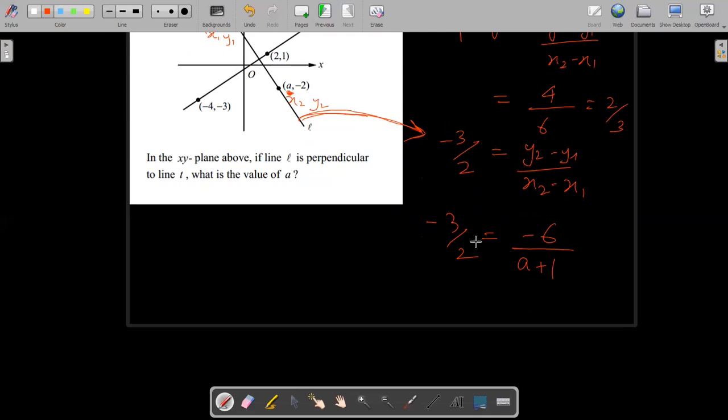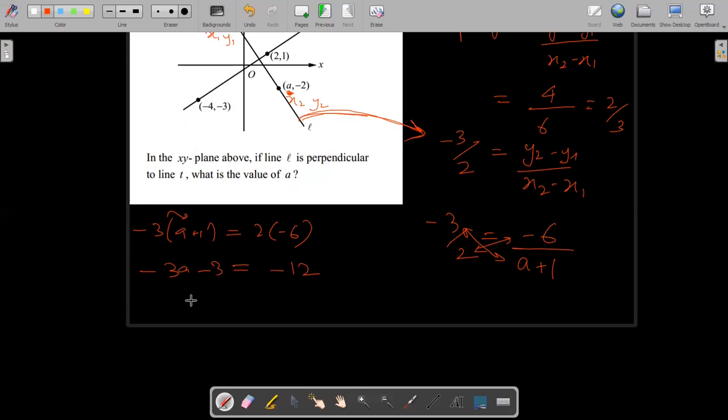Cross multiply. So it'll be negative 3 times a plus 1 equals 2 times negative 6. And then we can distribute it. Negative 3a minus 3 equals negative 12.